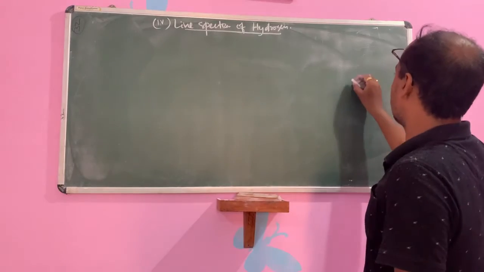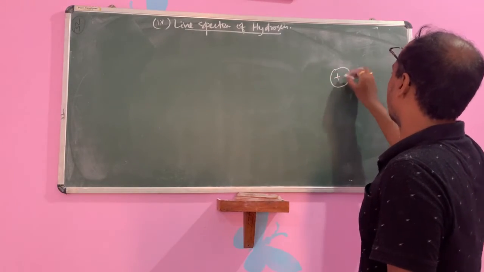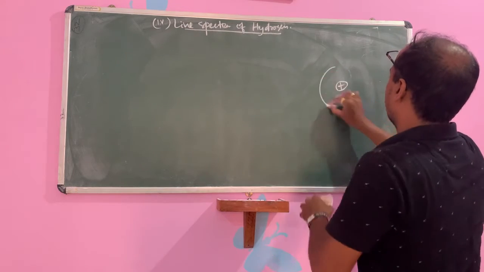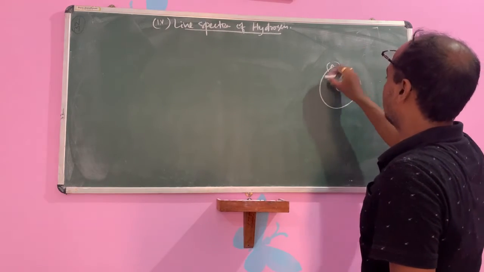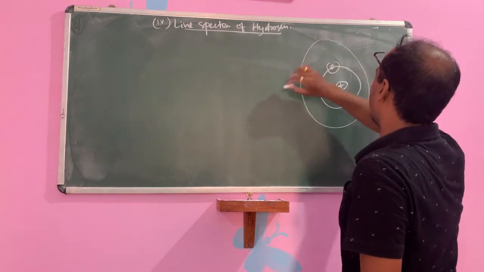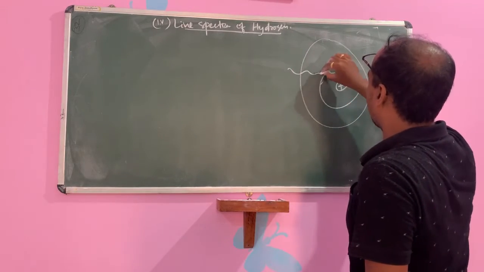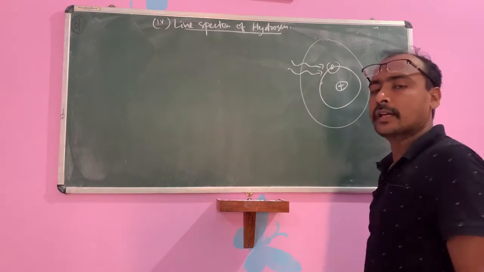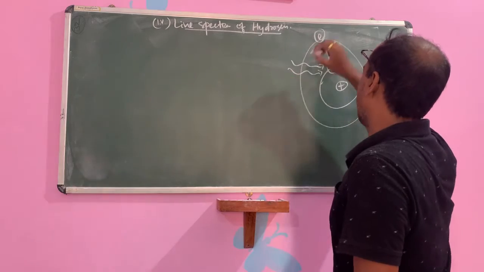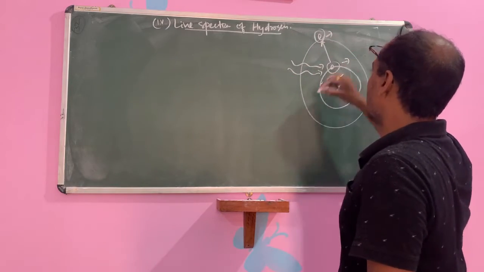Suppose this is your hydrogen atom, this is the nucleus, and this is the hydrogen electron. This is one imaginary energy orbit, and this is another imaginary energy orbit. After getting energy by electrical discharge, the electron goes to the higher energy level, the excited state. This is your ground state.